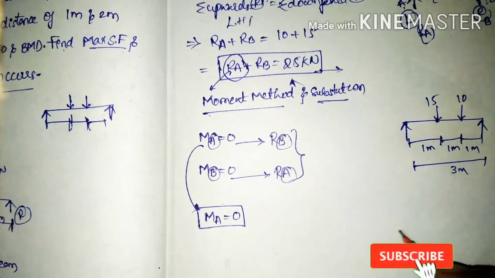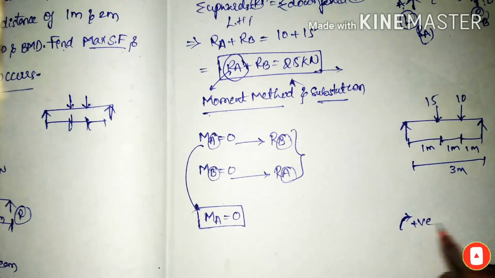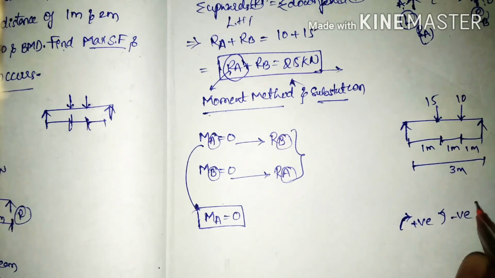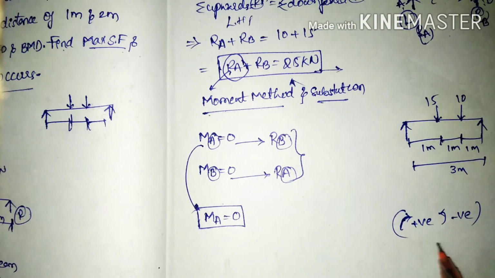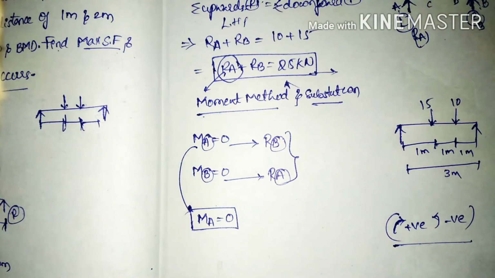Here, a sign convention that clockwise is positive, anti-clockwise is negative. For the moment about A, I am going to consider this type of sign convention to find out RA.